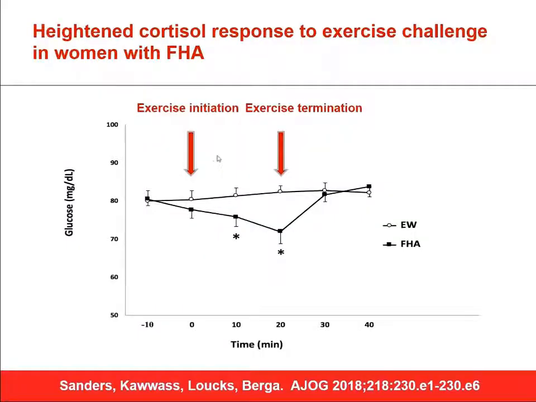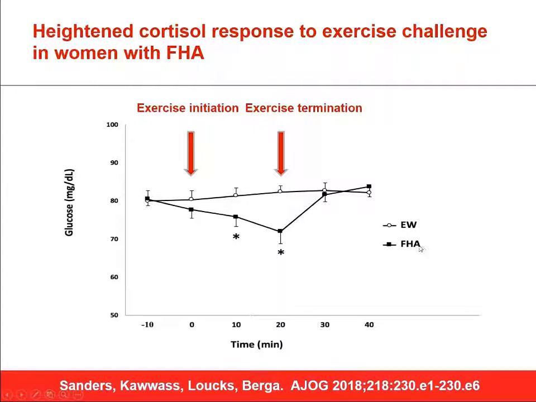This is shown beautifully here, and there are a couple of key points I'd like to emphasize. This is eumenorrheic women during that exercise challenge, and here are the women with functional hypothalamic amenorrhea. We tell them, as they're sitting on the exercycle, that in 10 minutes the exercise bout will begin.